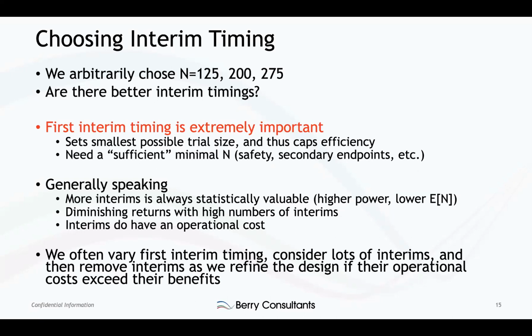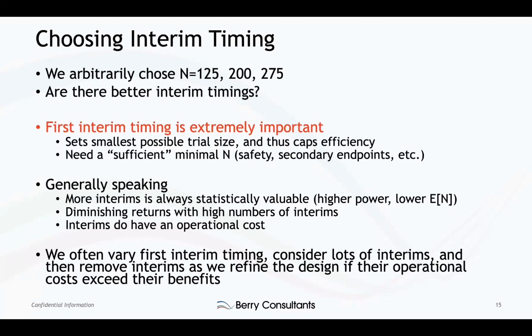After you've got the first interim picked, generally speaking, more interims are always statistically valuable. So the more interims I add, I'm going to get higher power. I'm going to get lower expected sample sizes. It is always statistically beneficial to add interims, including looking after every single patient.